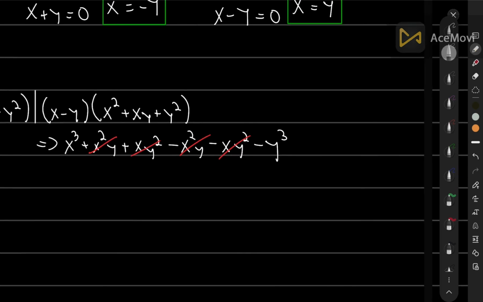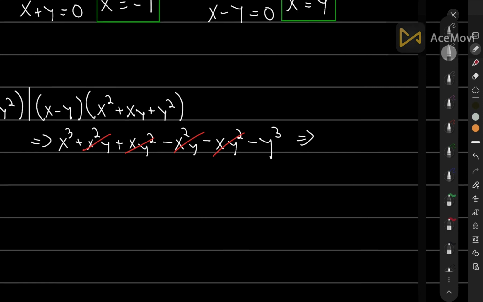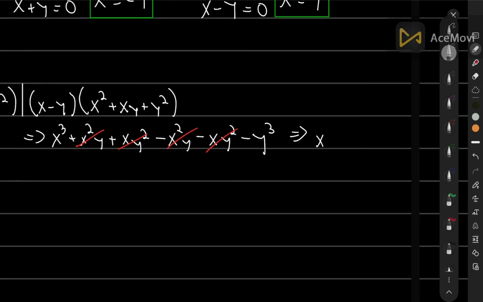And we'll have, that's ugly. That's bad. x cubed minus y cubed. Another minus right here, y cubed. So that's our answer. So let's go to the next one.